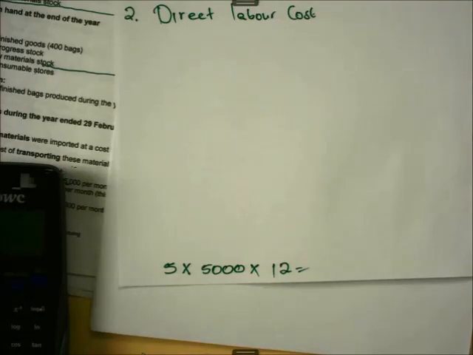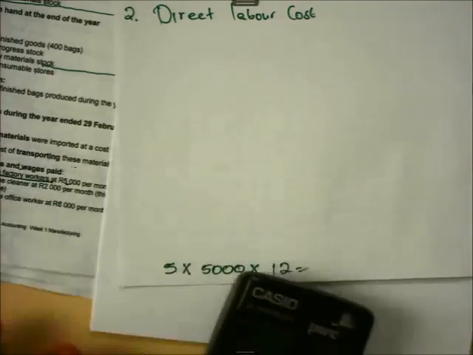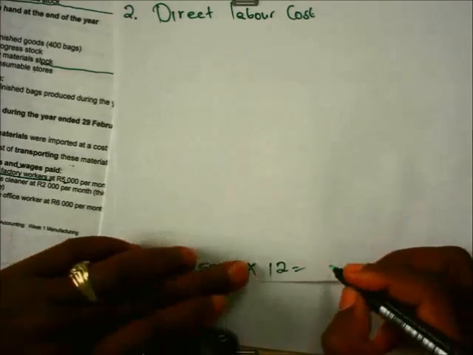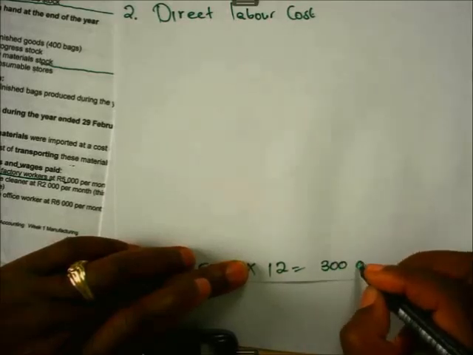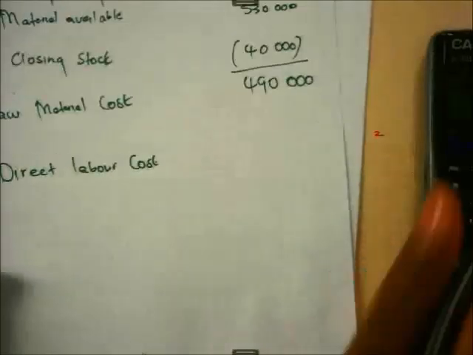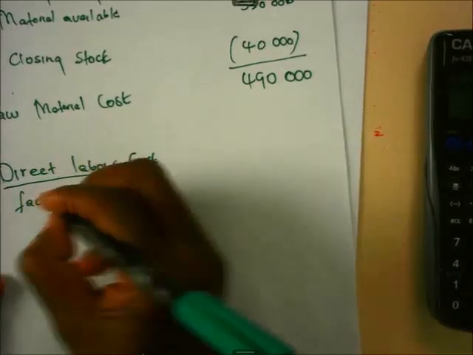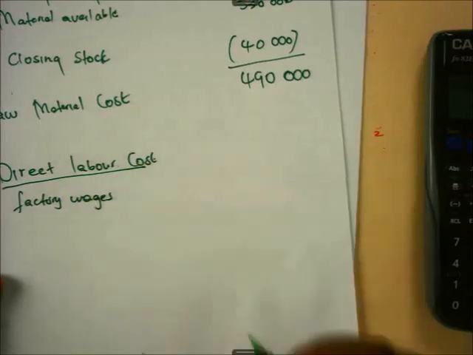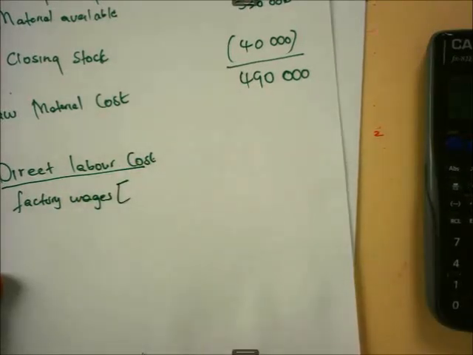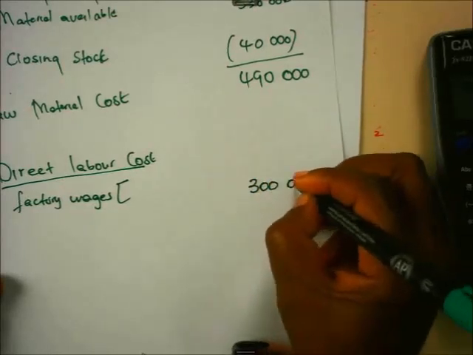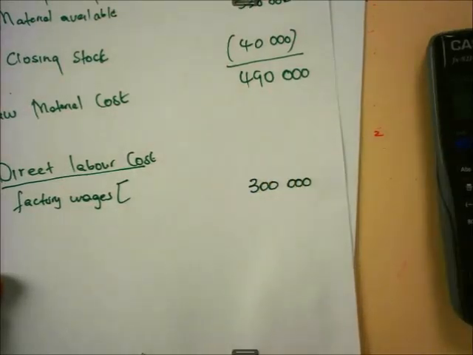Now we say 5 multiply by 5,000 and multiply by 12. The total direct labor cost will be 300,000. So when we prepare this note, we are starting with the factory wages. Factory wages. You can just show the calculations here. Now we got 300,000 as the total of the direct labor cost.